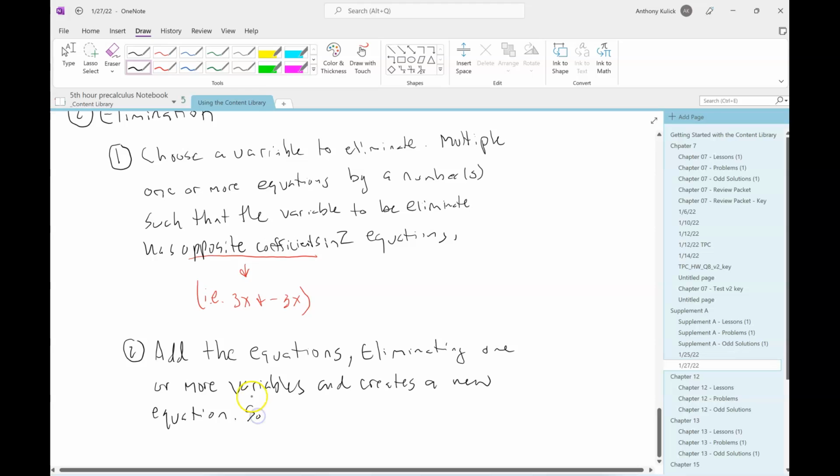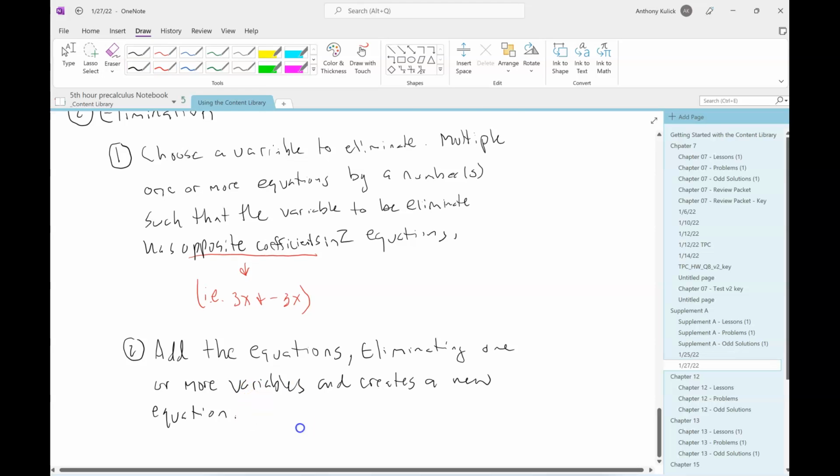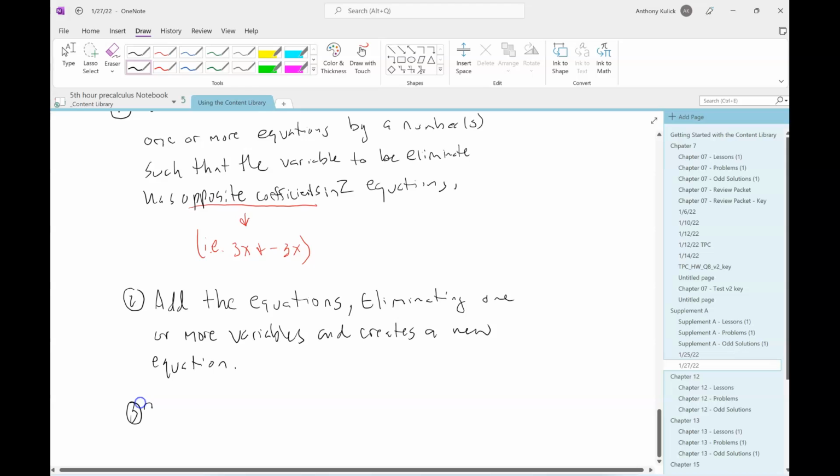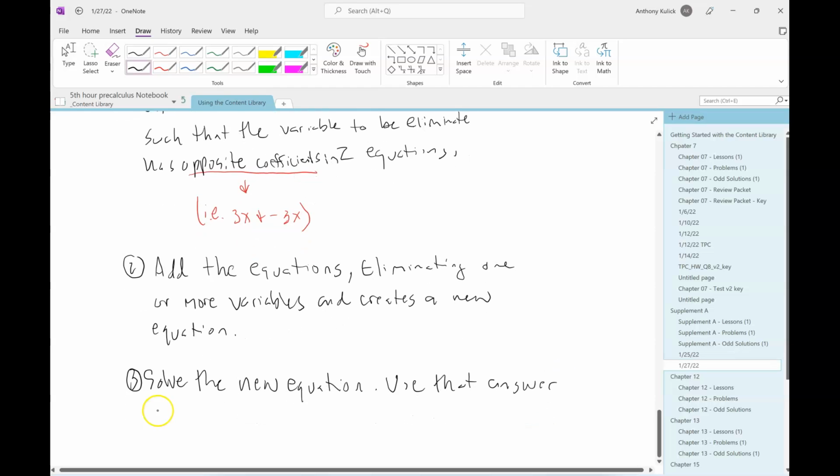We then solve the new equation. And then we use that answer to substitute into a previous equation to get the rest of our answers.